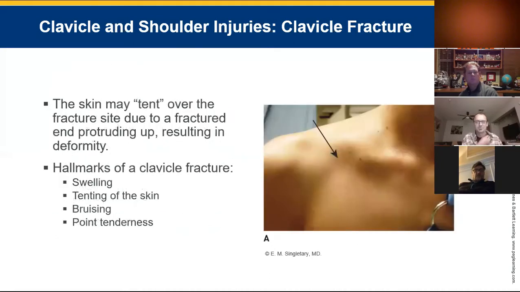And the clavicle fracture, yeah, it's also like a direct blow to the shoulders if they maybe fell off a jump directly on the side of their shoulder, where it would push that clavicle into the center of your neck. If you picture that. Yeah, and this one shows that tenting over the area and the bone. You see that bone sticking up.